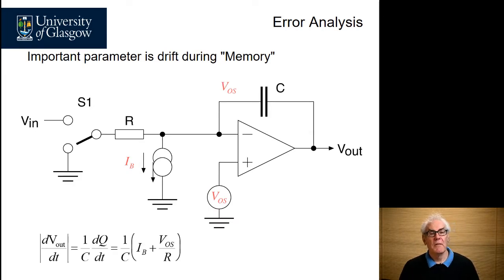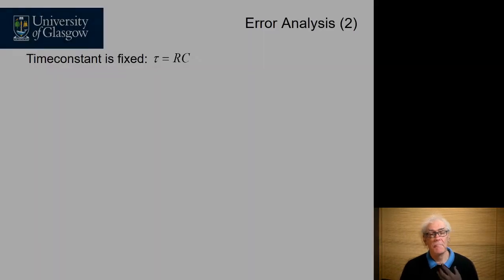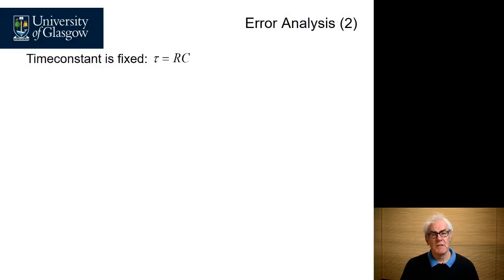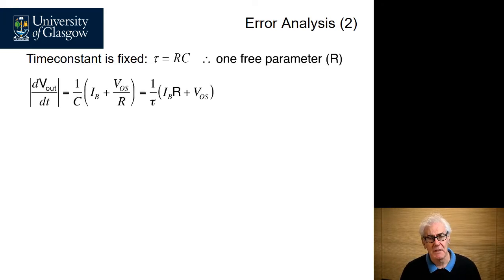We have an equation that defines this, and the change in output voltage across time is 1 over C multiplied by the bias current plus the offset voltage divided by the resistance. We have a fixed time constant here, tau, which is equal to the product of resistance times capacitance.